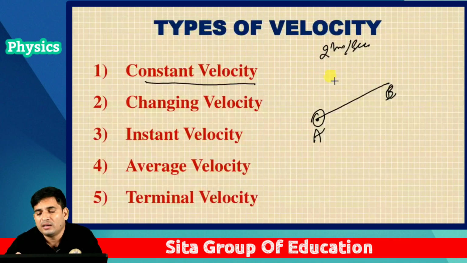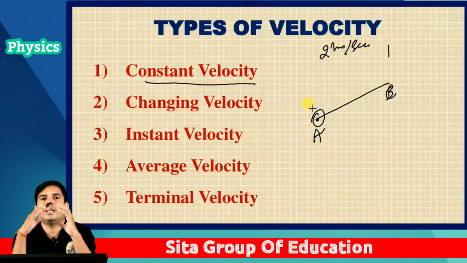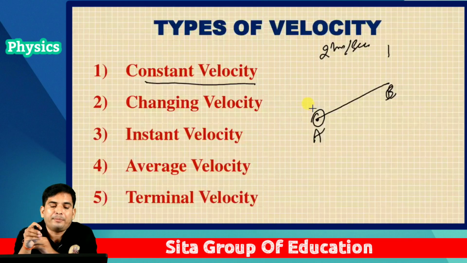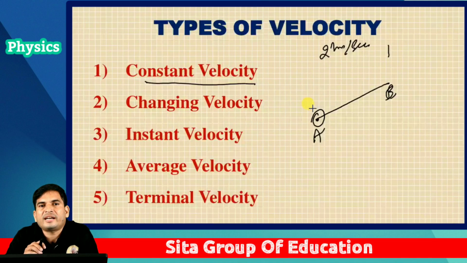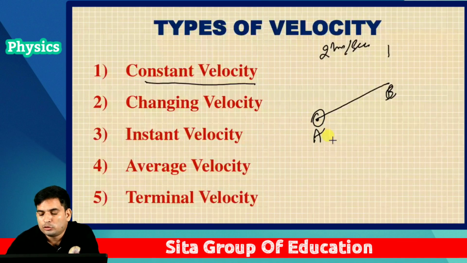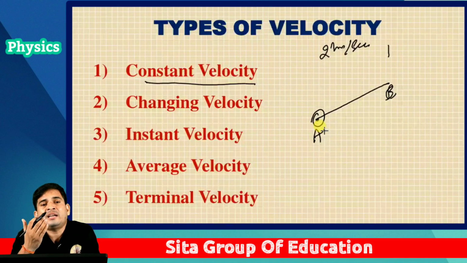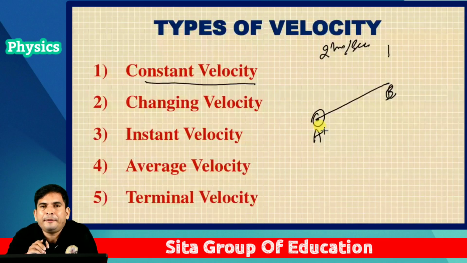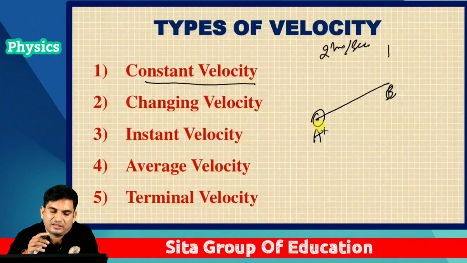It means it covers the distance of 2 meter in 1 second, and in another 1 second it will also cover 2 meter. Such type of velocity is called constant velocity. So in a straight line path, in a steady manner, the velocity is called constant velocity.